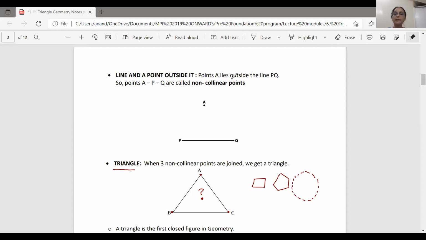Now, why triangle? What is the meaning of tri? 3. It's not try, is not attempt. It is TRI, tri, standing for 3. So why is this figure called a triangle? Because there are 3 angles in it, isn't it?